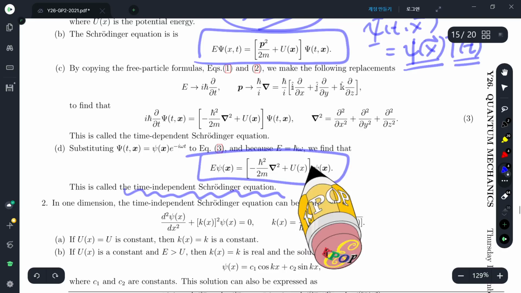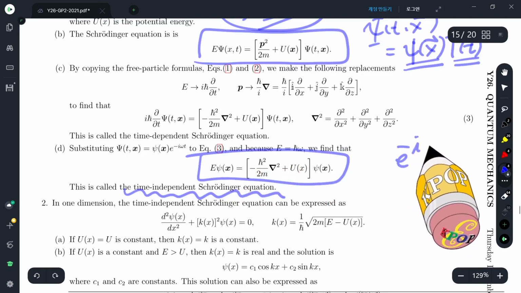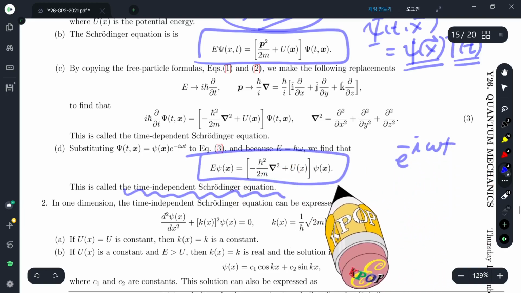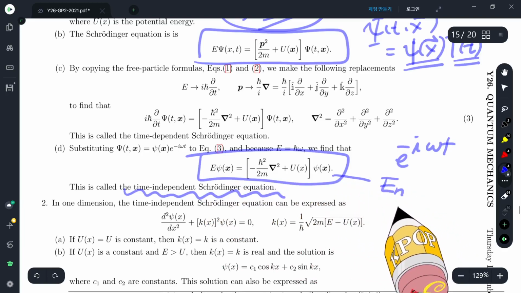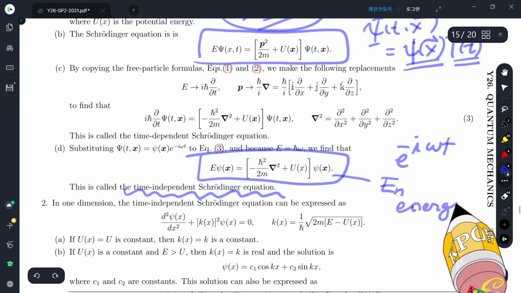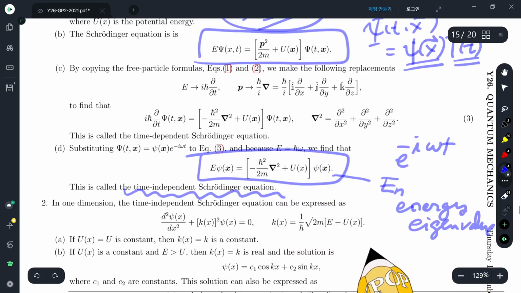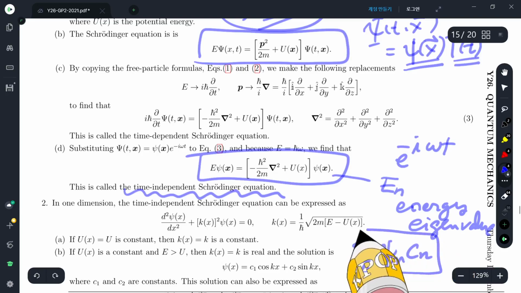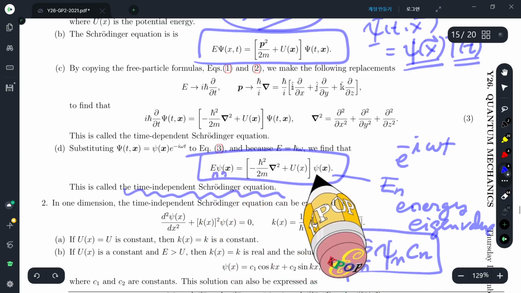Once you know the answer, you can just multiply the frequency factor, that is e to the i omega t. And if the solution has various energies, called eigenenergy eigenvalues, then your solution will be a sum over n with a complex constant coefficient. And psi n is a solution of some fixed energy.